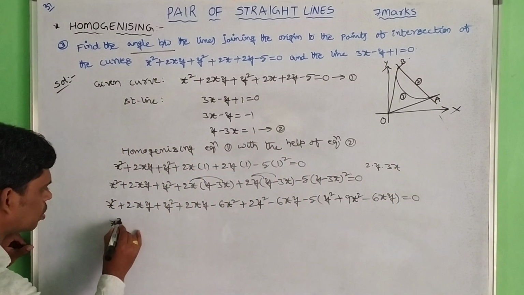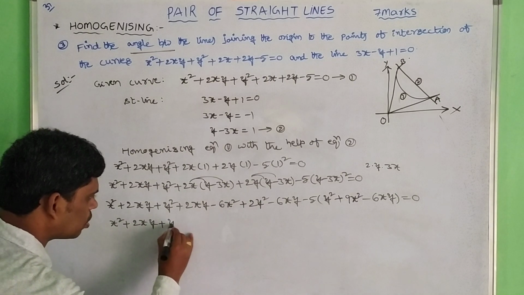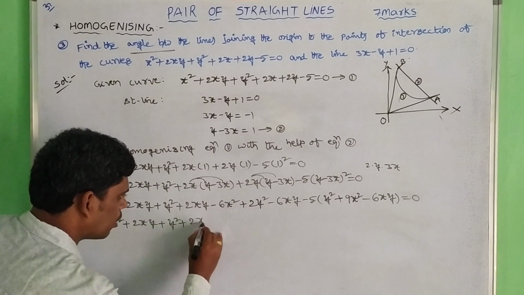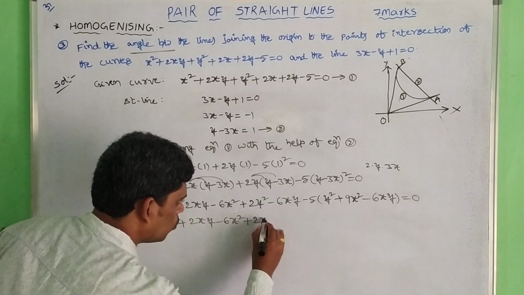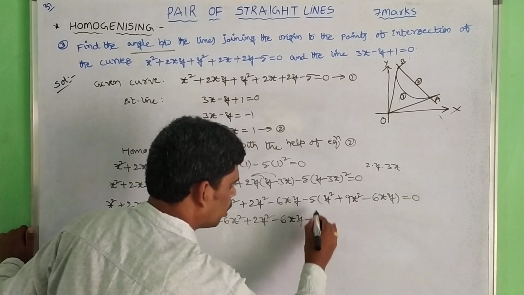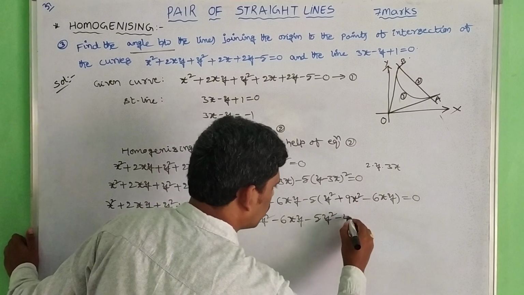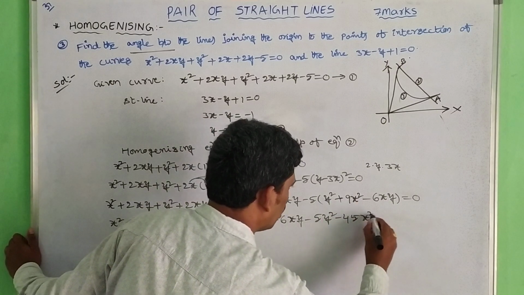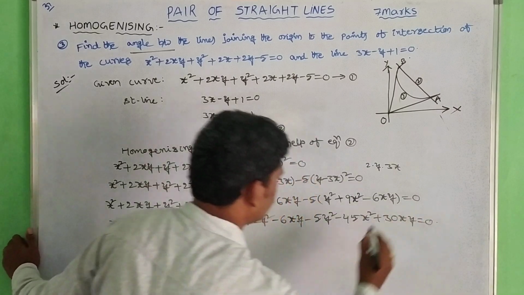Now x square plus 2xy plus y square plus 2xy minus 6x square plus 2y square minus 6xy minus 5y square minus 45x square plus 30xy equals 0.